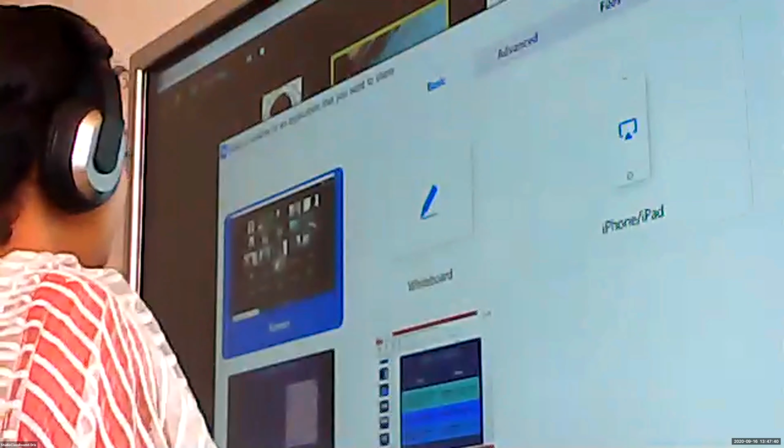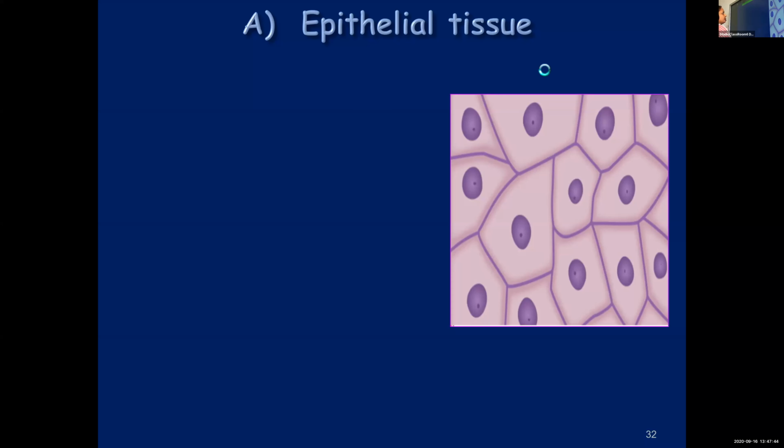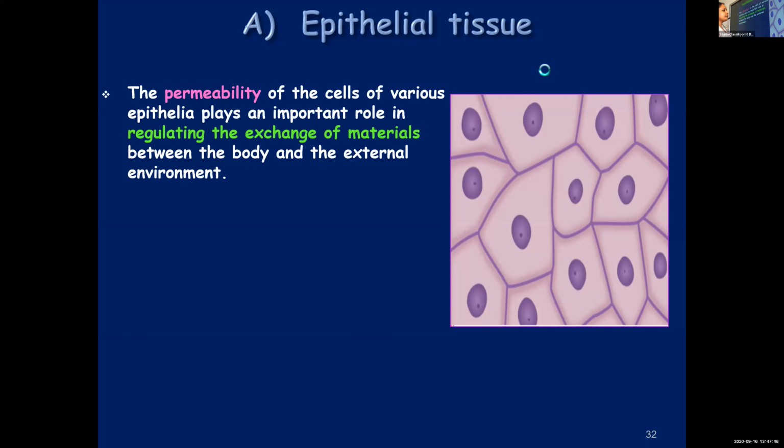Now, let us learn more about epithelial tissue. Listen carefully. The permeability of the cells in an epithelial tissue is very important in allowing the exchange of materials between the body and the external environment.